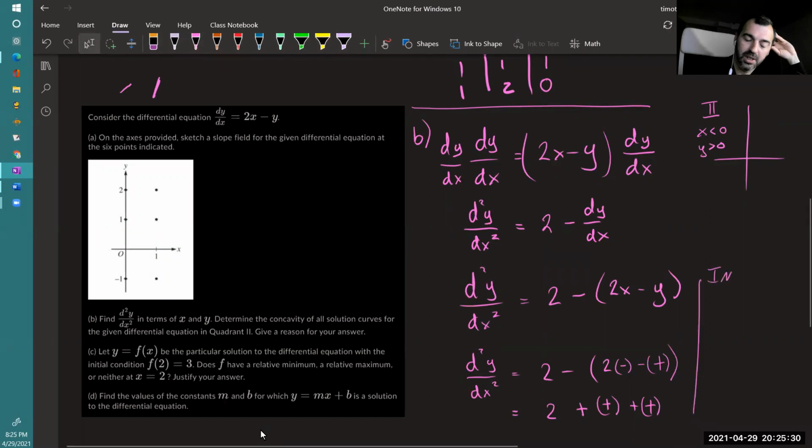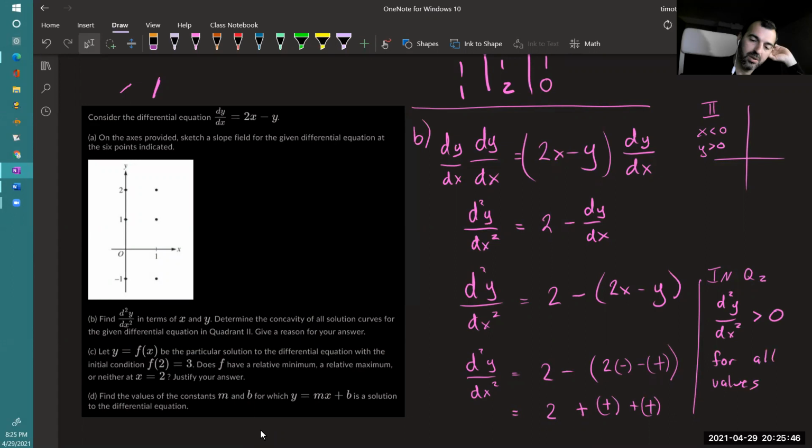In Q2, d2y/dx2 is greater than 0 for all values of x and y.